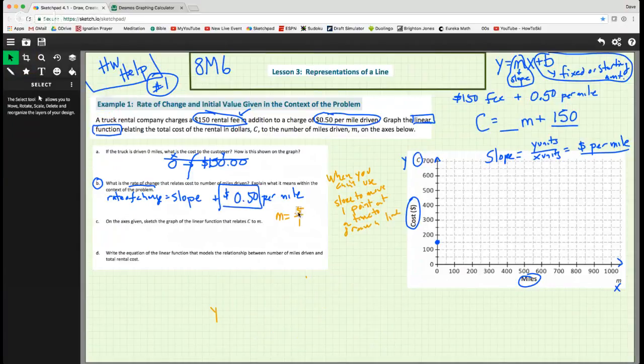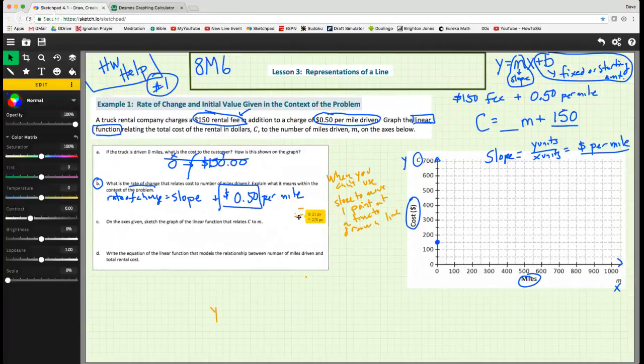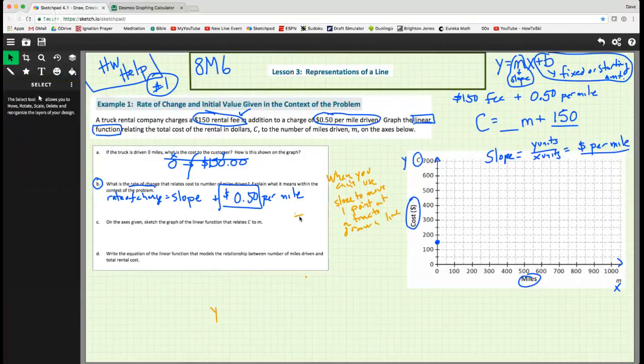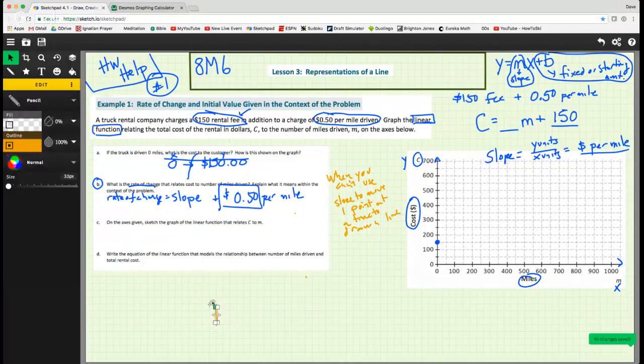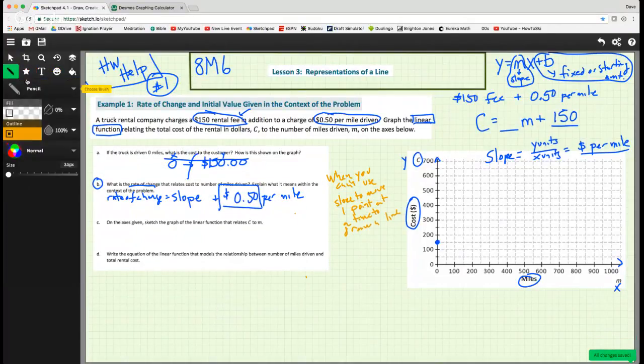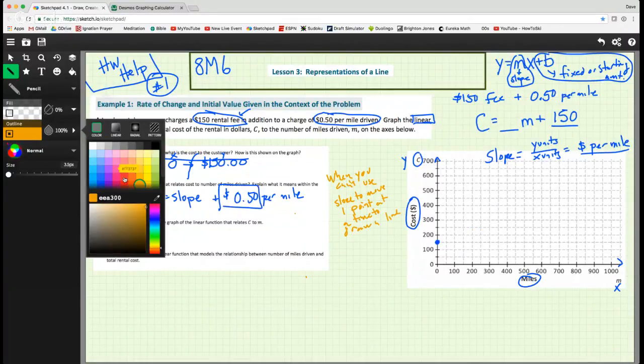Let me erase all this real quick. Whoops, not that. And so we're going to use a different strategy. The different strategy we're going to use is to calculate a point that's out here. And we've done that before. So let me show you how we do that.